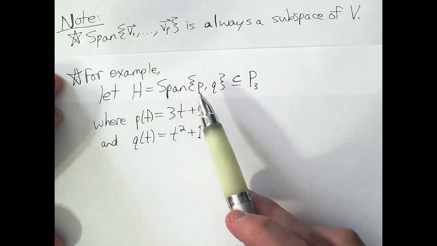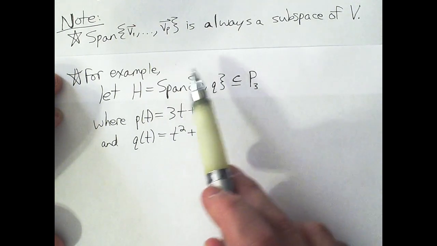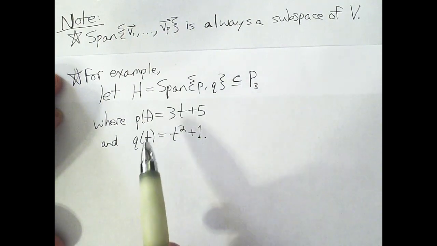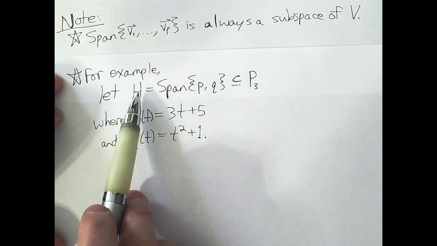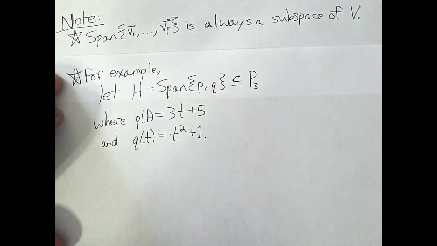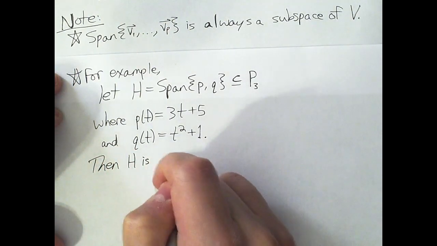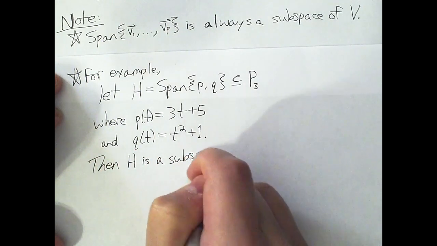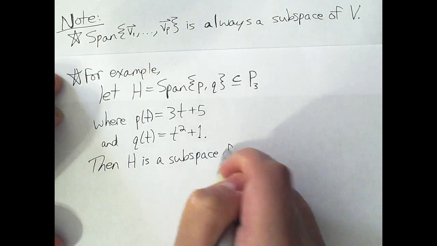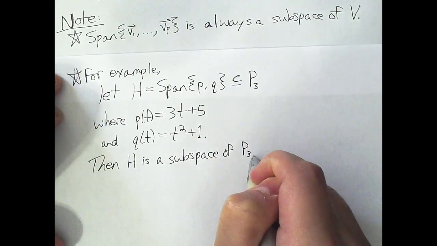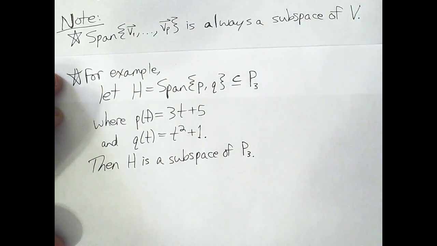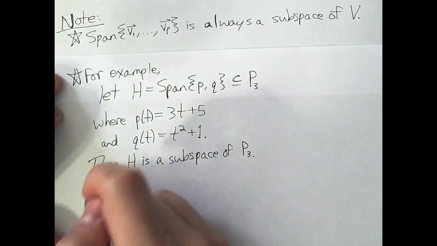I said, let's take the span of P and Q. That's the set of all linear combinations of P and Q. And I call that H. And this is a subspace of P3. So that's an example of a subspace of a vector space.